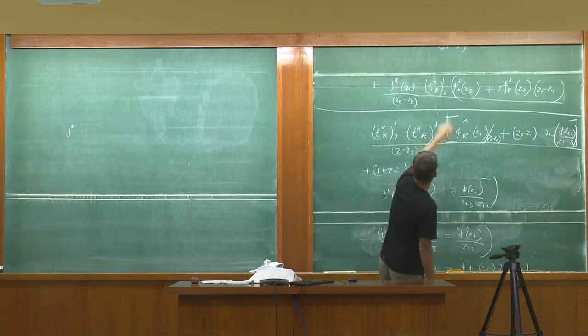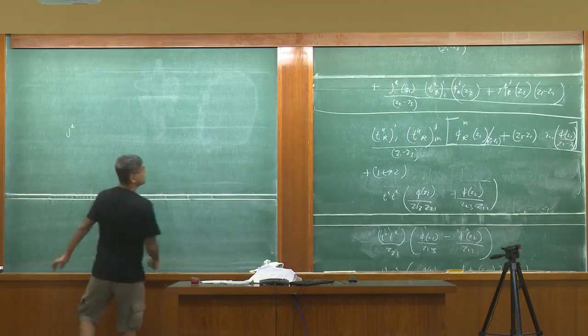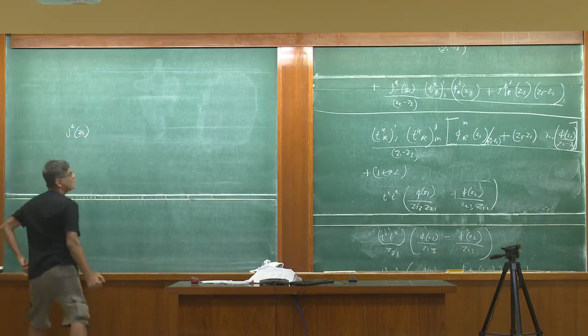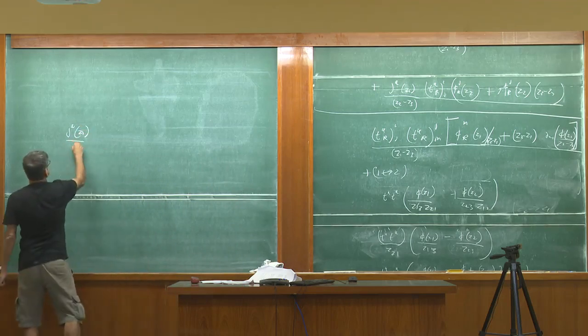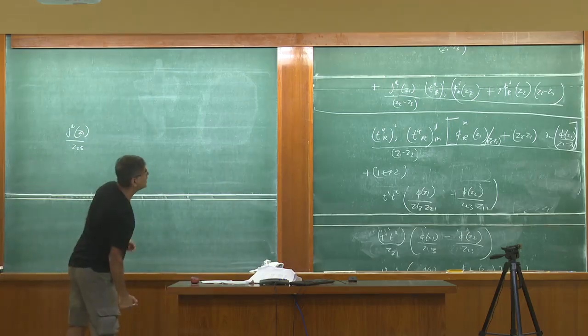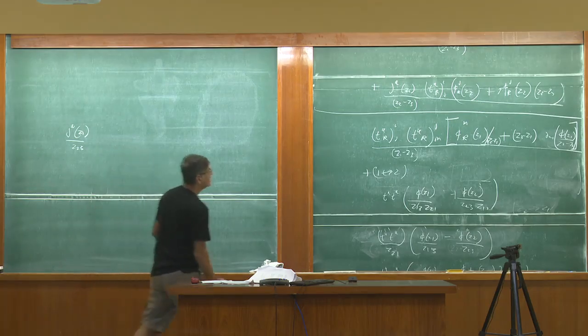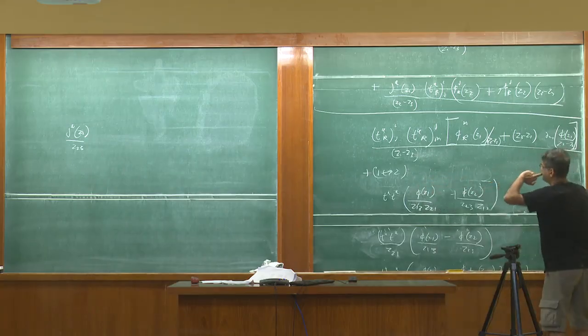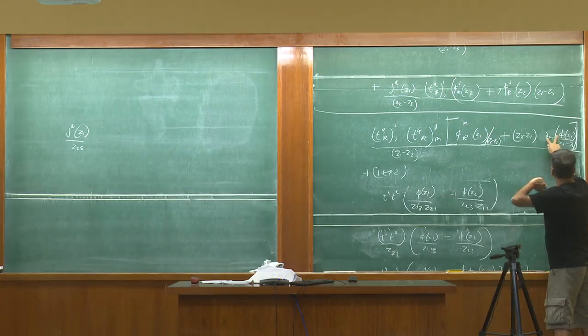Okay, so now, in addition, we have JA Z1 by Z23. And we had this guy, right? So just this.